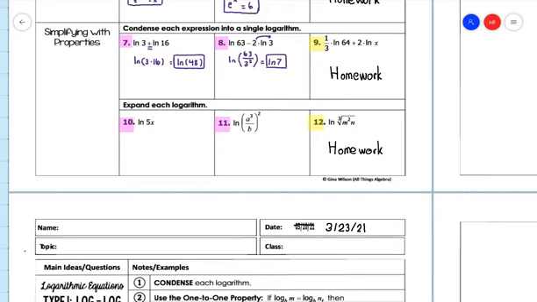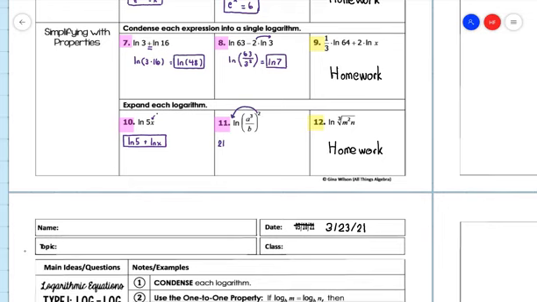Now when we're expanding, we have to be able to pull these apart. So right here, there's multiplication. So whenever there's multiplication, we know that they are adding those two separate logs. So natural log of 5 plus the natural log of x. And on number 11, we're going to take this power, bring it to the front.